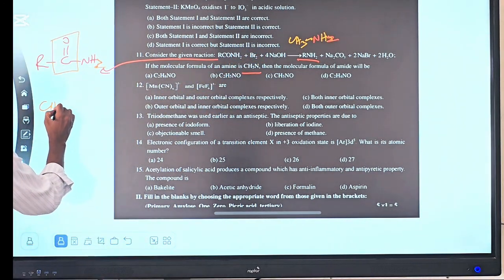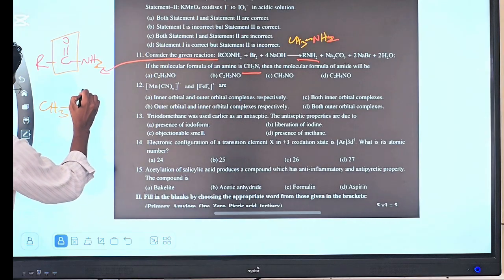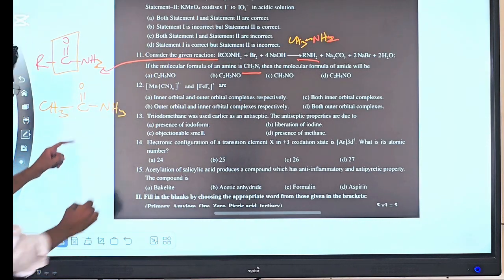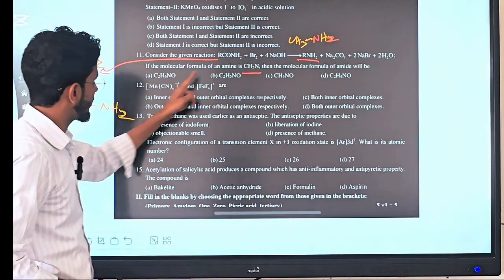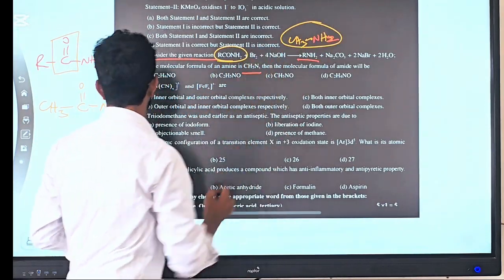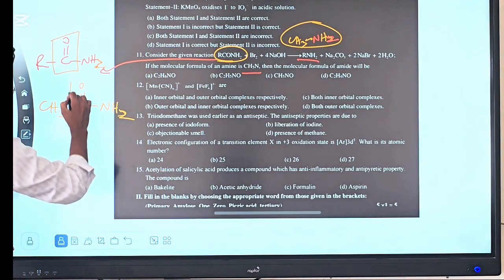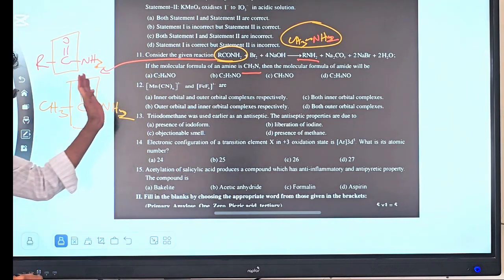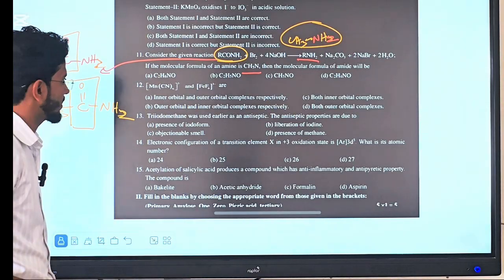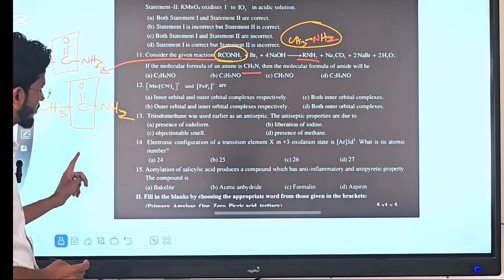This compound will be CH3-C double bond O-NH2. In the Hofmann bromamide reaction, this molecule will be eliminated and the formation of CH3NH2 will take place.